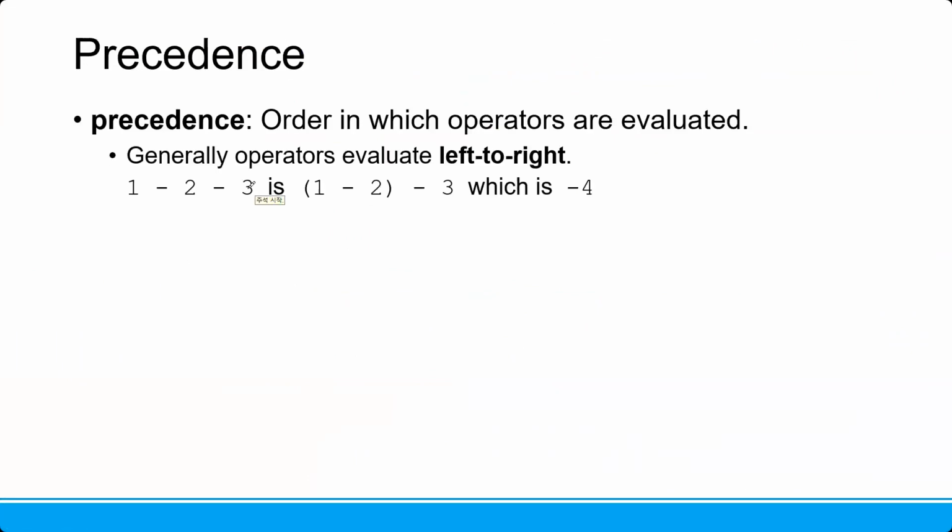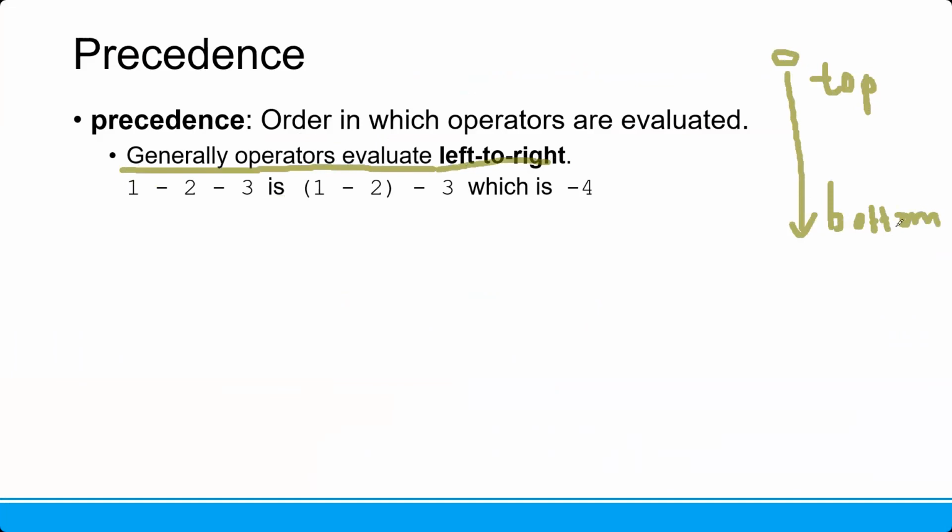Generally, operators evaluate from left to right. Computers know the sequence, which goes from top to bottom.